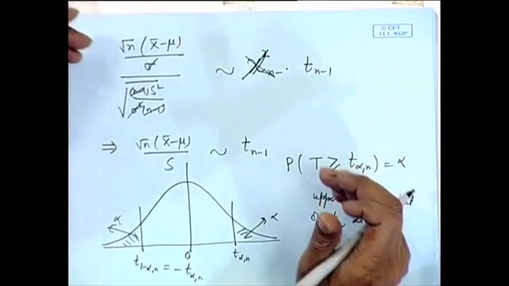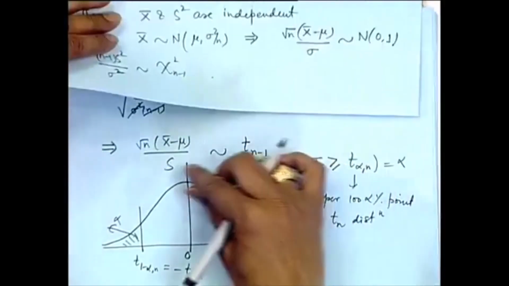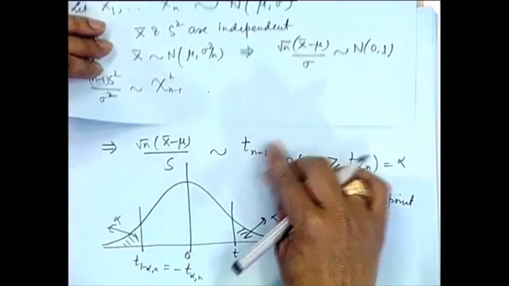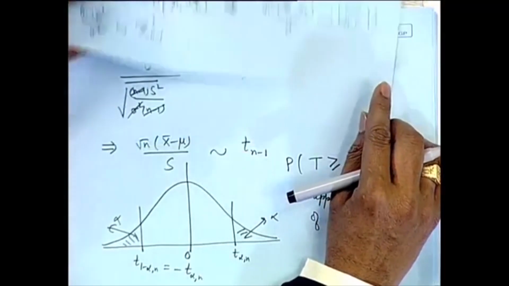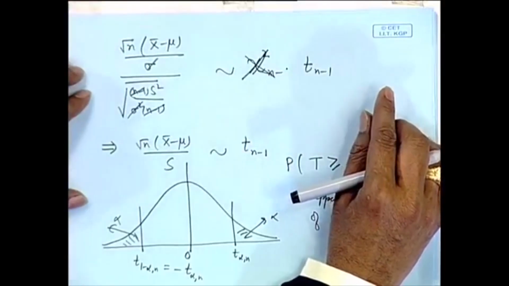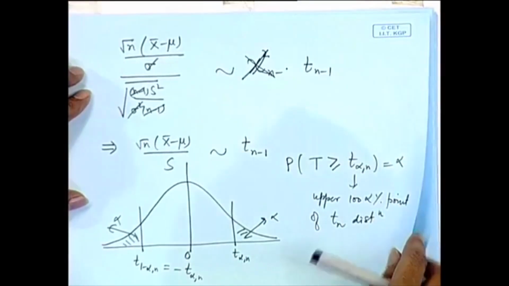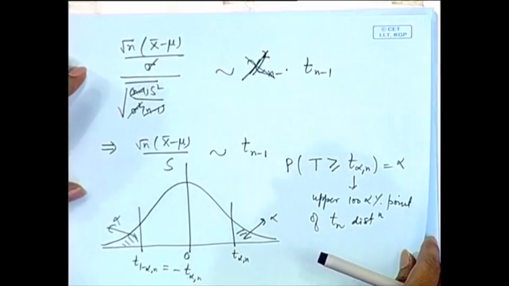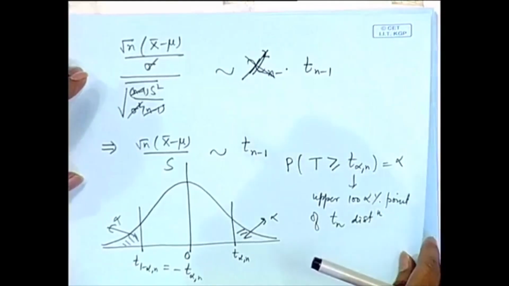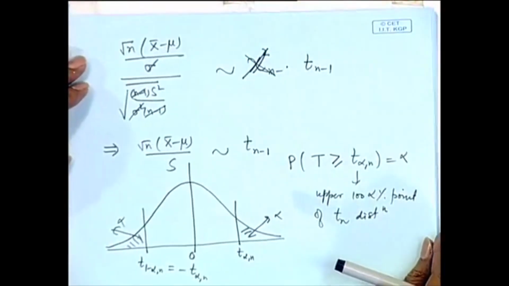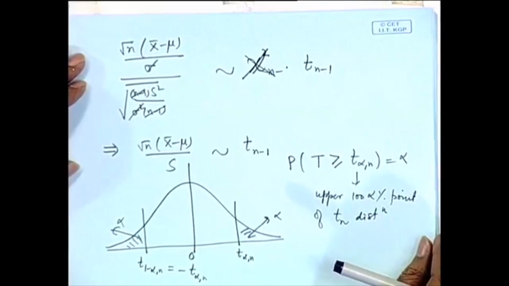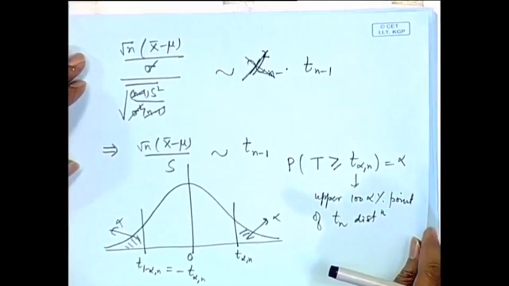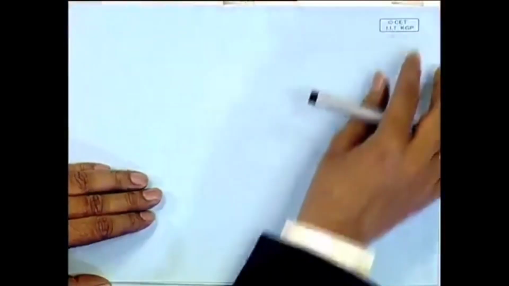Another thing I said is that if you replace sigma by s, then you have a t distribution, here you have a normal distribution. This shows some sort of close similarity between the t distribution and a standard normal distribution. Actually, it is true. In fact, we can prove that as n becomes large, the t distribution can be approximated by a standard normal distribution. So, we prove the following result.